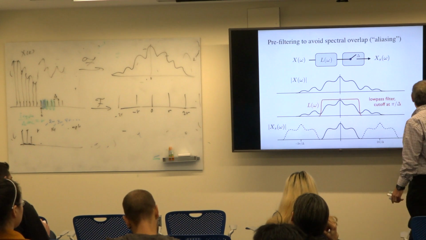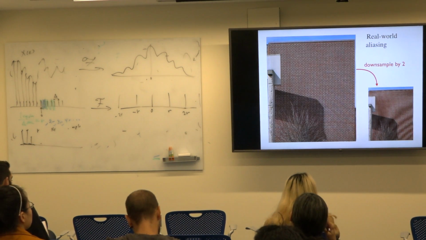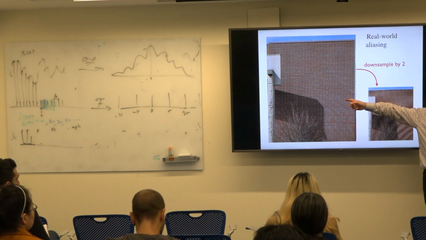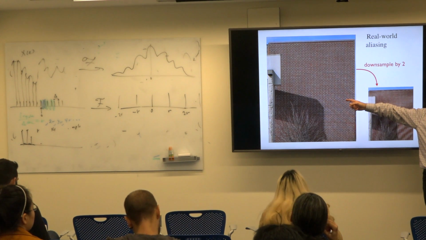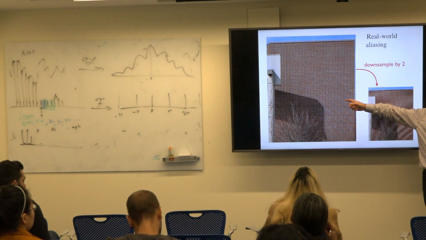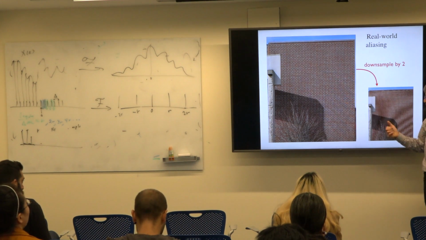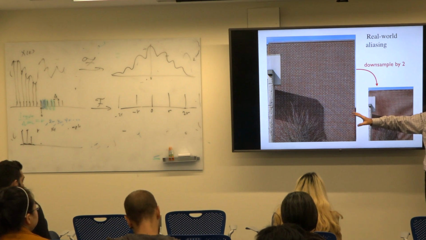Okay? And so if you do that, here, so here's those stripes. But if I take this guy right here and I blur it, okay? So I literally convolve it with a Gaussian or some other filter that's low pass, such that the frequencies above this sampling frequency, which is every other pixel, are now gone.